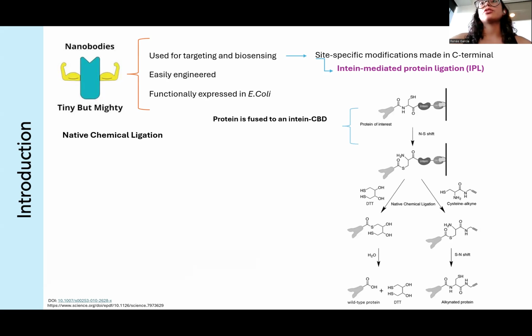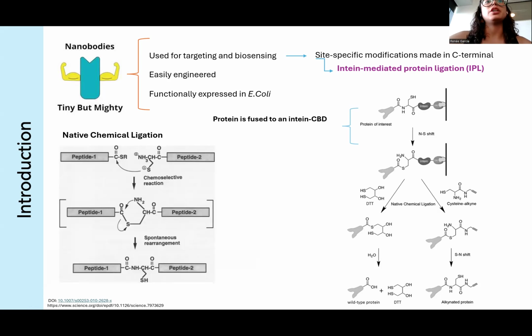Then there occurs this N-S shift, where the N and S kind of switch places. And then a native chemical ligation can occur with any nucleophile. In this case, it can be with DTT or a cysteine alkyne.